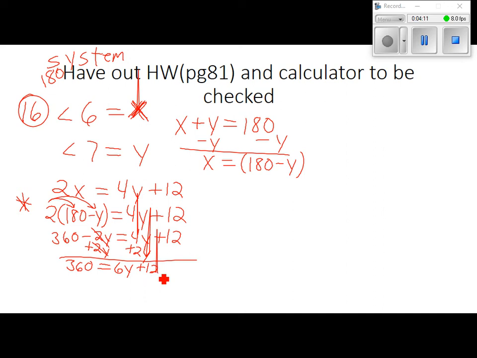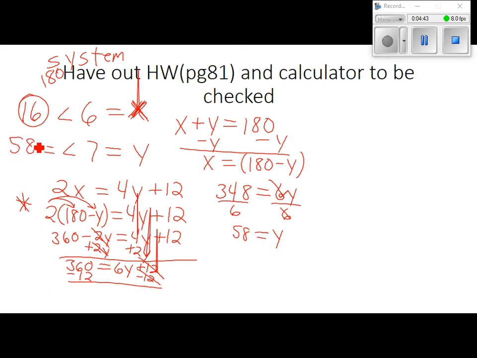Then you said do what? Subtract 12 on both sides. Somebody help me out. What's 360 minus 12? What is it? 348? And that equals, the 12's over here canceled out, so what's still left on that side? Now what? Have your calculators out. 58. Probably can't do that in your head. So y equals 58.